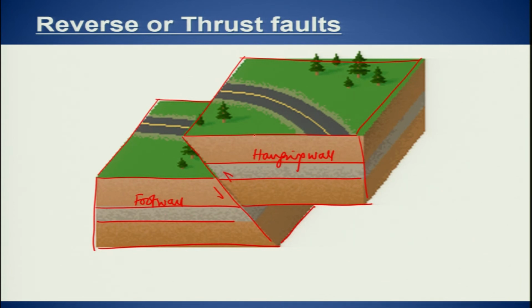Now over the time this will get modified, okay, and you will have in profile something like this. So for example you have the displacement which is taking place at the time of the earthquake, and after the erosion what you will be able to see is something like the topography like this. Okay. So you have the modified topography in field.